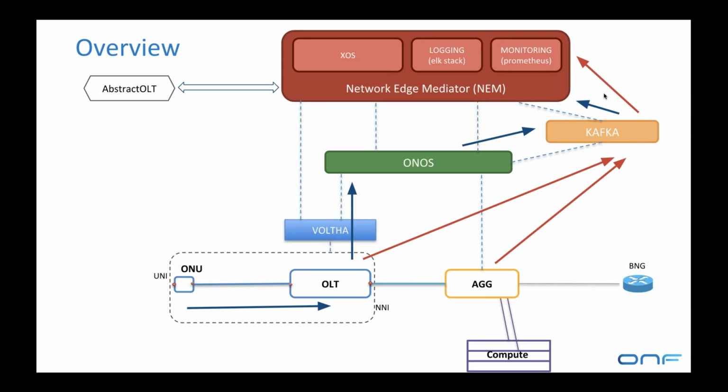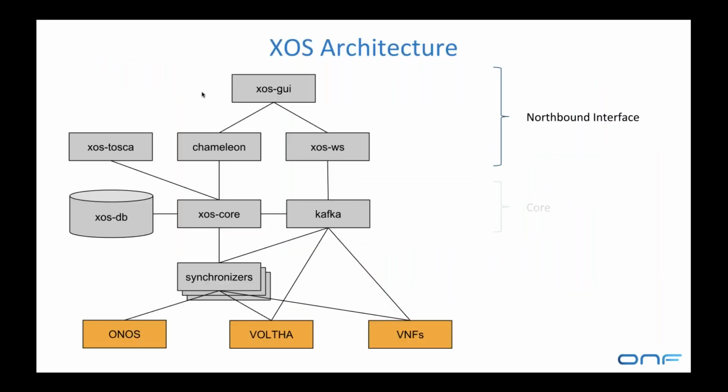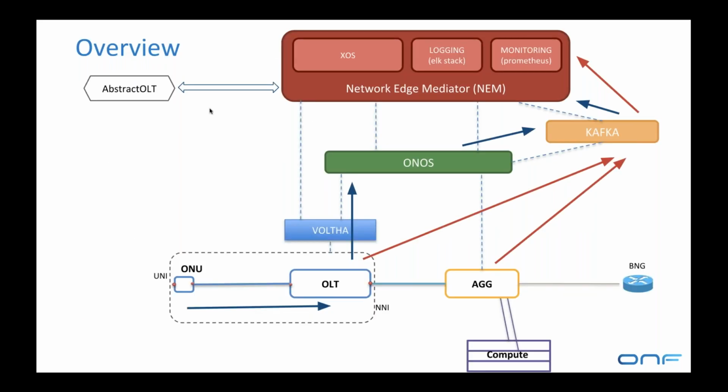Don can probably address this question much better, but I believe that what they are doing is not doing a pre-provision call to NEM. They are creating an OLT model, and then it is the VOLTHA synchronizer that takes care of all the calls that are needed in VOLTHA. Abstract OLT is just operating at XOS level using its model, as you would do with Tosca or the REST API.